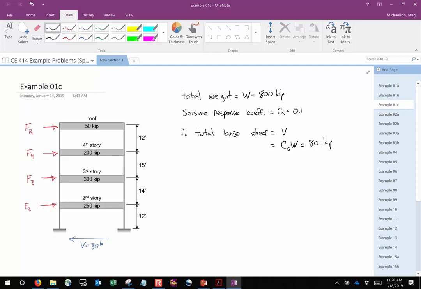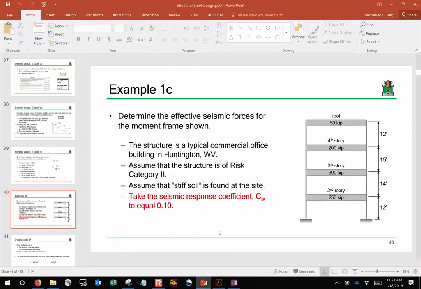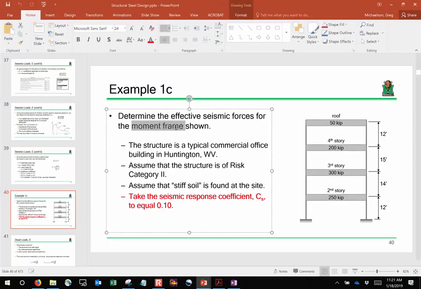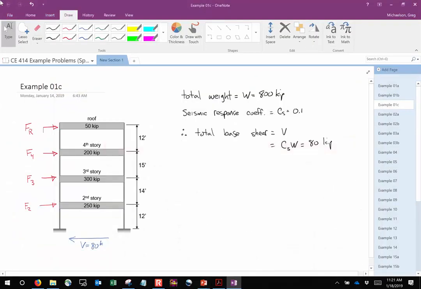Now, next thing, help me out. Are we considering that this structure will contain a braced frame? It's a moment frame, right? So remember, we are considering a moment frame. Because we are considering a moment frame, does anybody remember what the Ct is and what the x value is for moment frames?